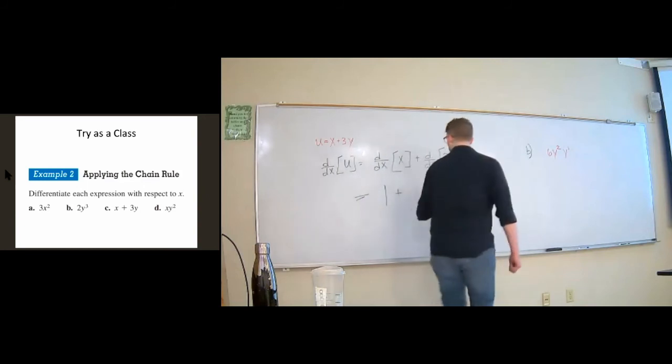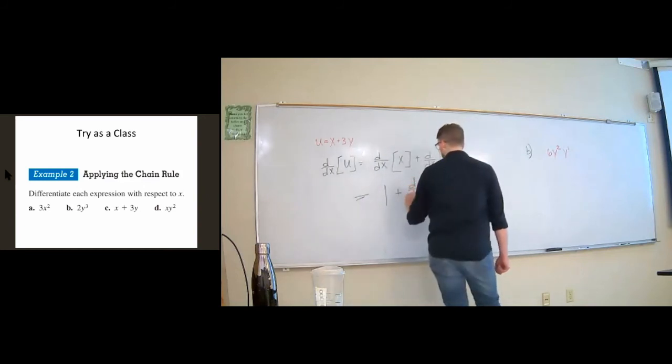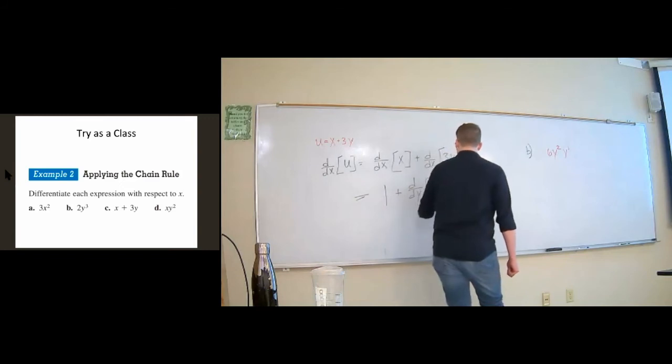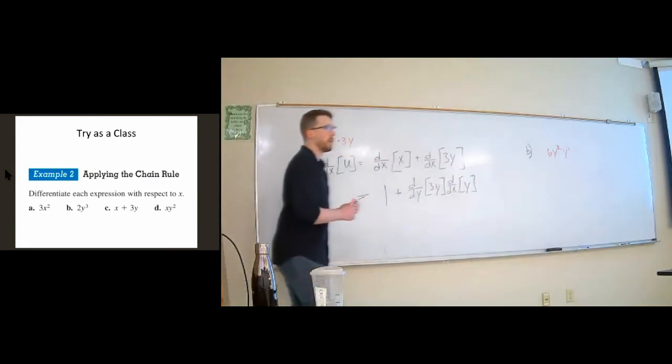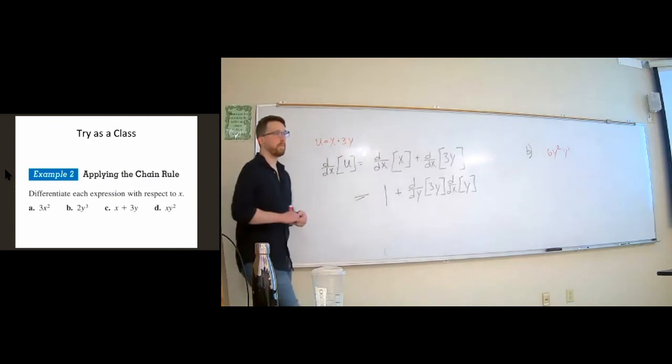d/dy of 3y times d/dx of y. Everybody cool with this?